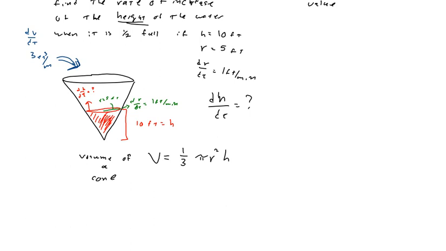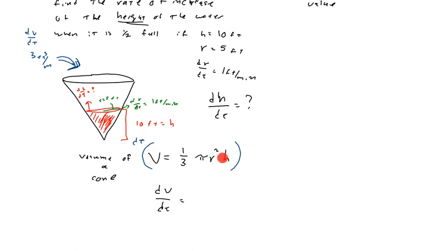Let's take our derivative. We've got d/dt of this thing. And so we're going to get dV/dt equals. Now, this is a little tricky. We have radius, but we also have height.